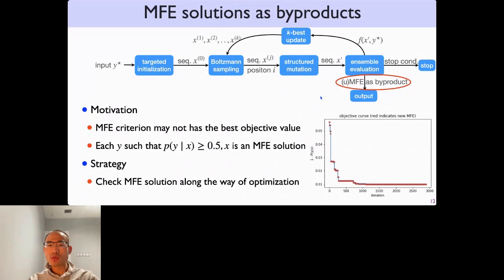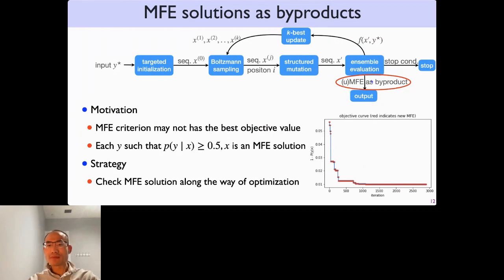And finally, I would like to highlight how we generate an MFE solution, since our objective is not structural distance. Actually, after each evaluation of the new sequence, we just check whether the MFE condition is satisfied. If it's satisfied, we just output it in our results.